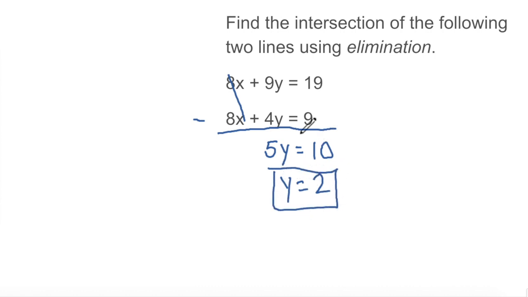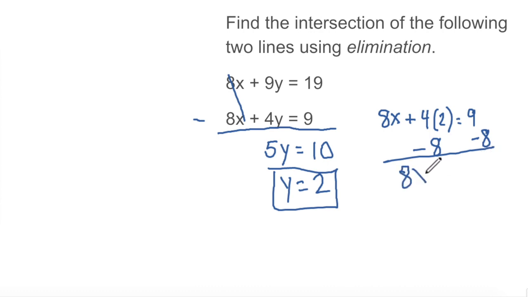And then we can take that, plug it back into one of these two, and find out what x is. So let's put it in here. 8x plus 4 times 2 equals 9. Let's see, then we're going to subtract 8 from both sides, right? 4 times 2 is 8. We're going to subtract 8. 8x equals 1.